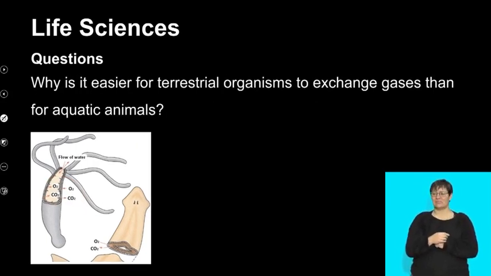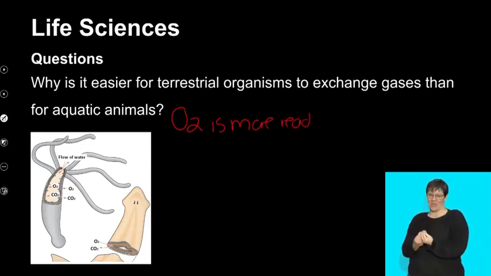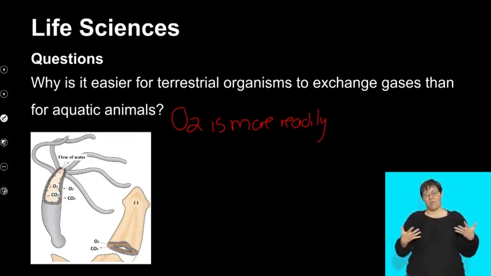Why is it easier for terrestrial organisms to exchange gases? The reason is that oxygen is more readily available. Remember, guys, there's less oxygen per volume in the water, so aquatic organisms have to have a very different method, while organisms on land are able to get more oxygen in, and here we have different organs.